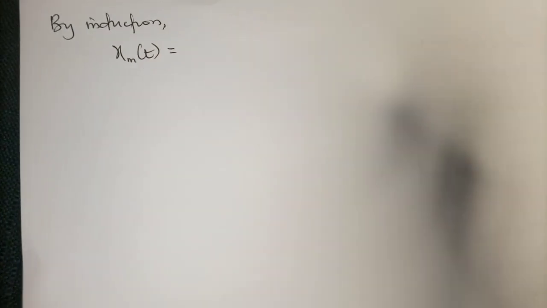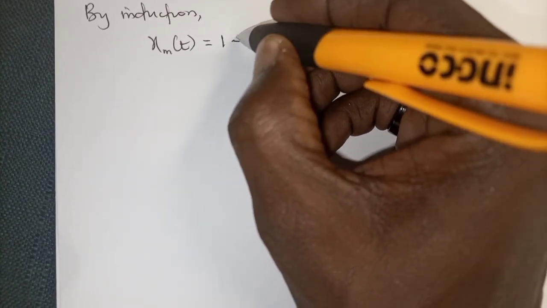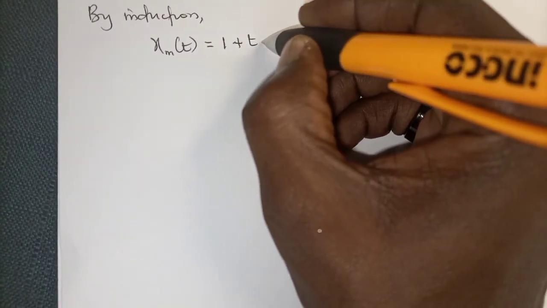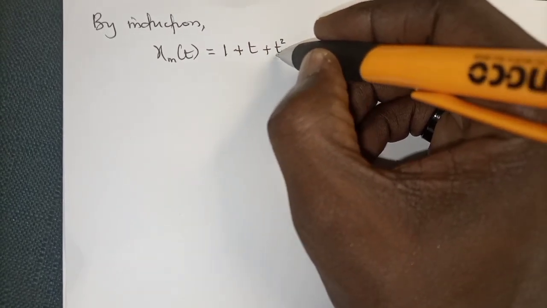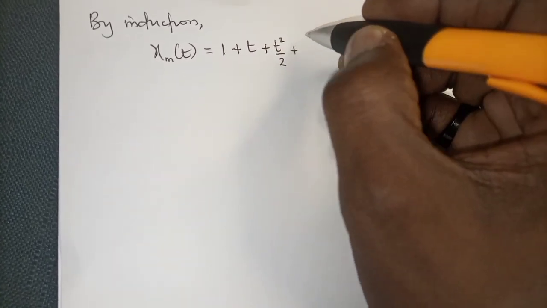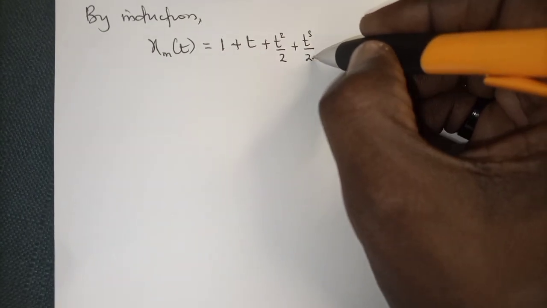So we have, you can see, 1 plus t plus t squared on 2 plus t cubed on 2 times 3.